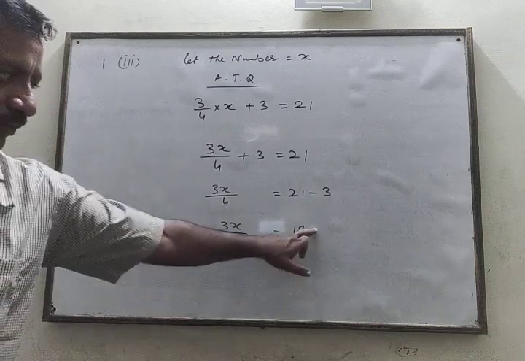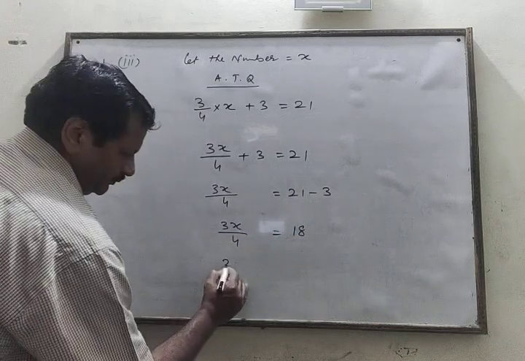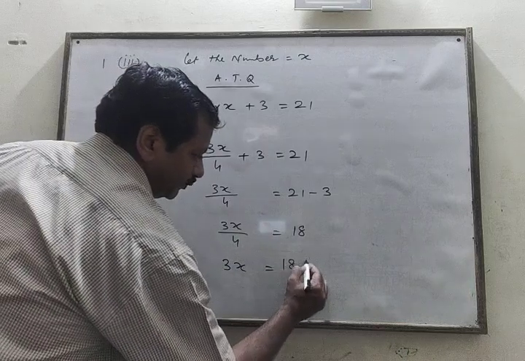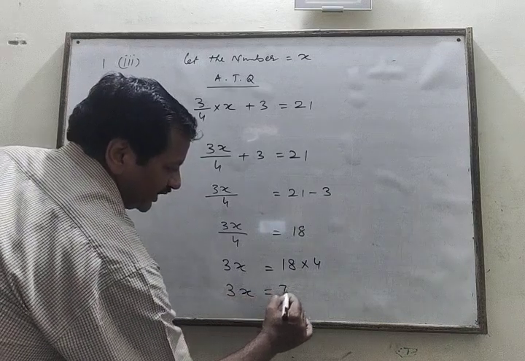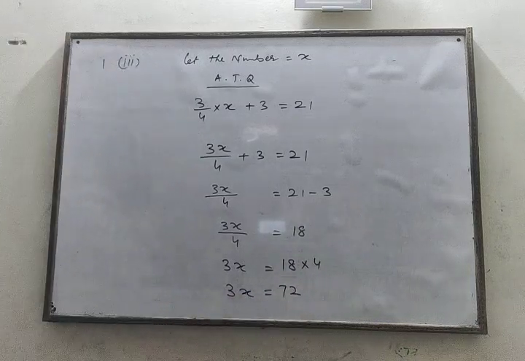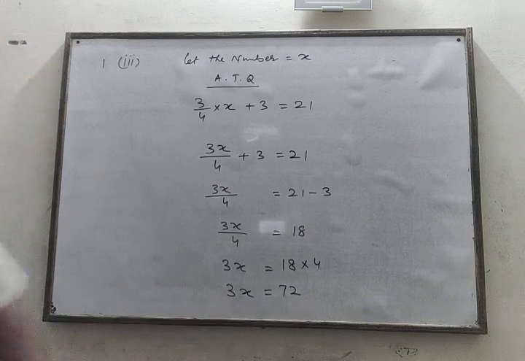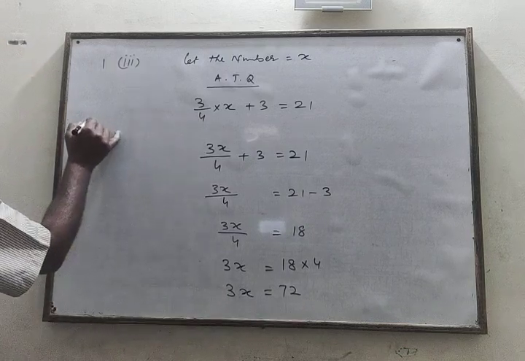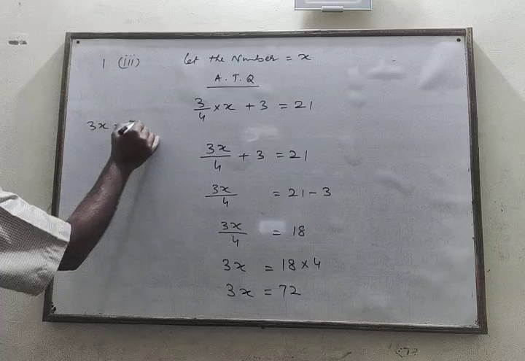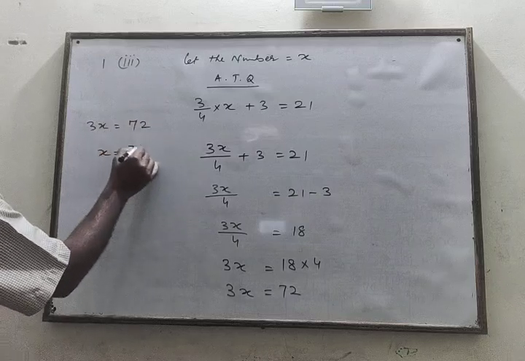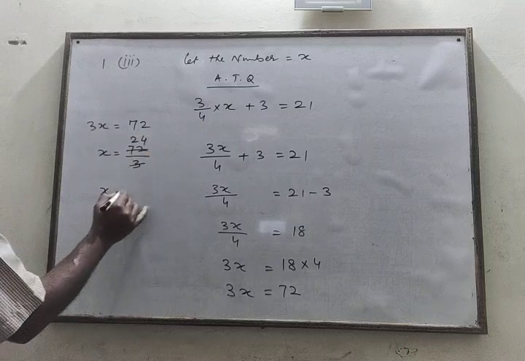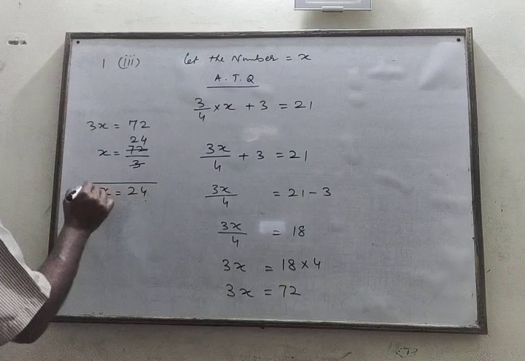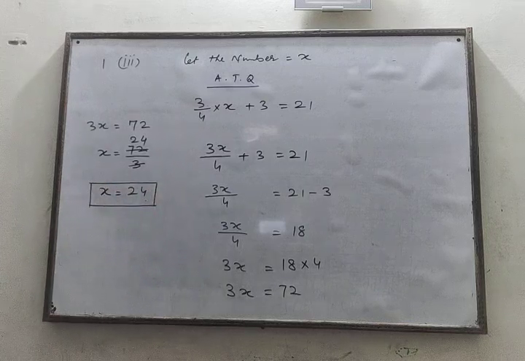It is dividing here, it will be multiplied over there. 3x is equal to 18 into 4, 3x equal to 72. Now shift this 3 to that side. So 3x equal to 72, x equal to 72 upon 3, which is x equal to 24. So this is the solution of the equation.